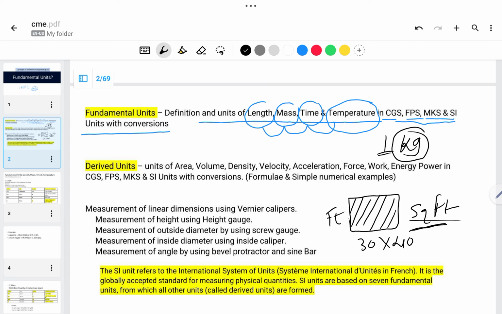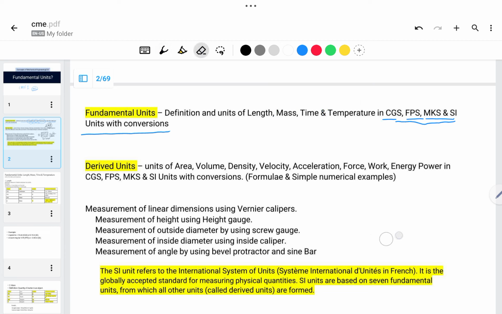You need to mention it with the help of something else. For this purpose you require units. So these basic units are nothing but fundamental units. In general we utilize these units. These are important and basic units, 1, 2, 3, 4.